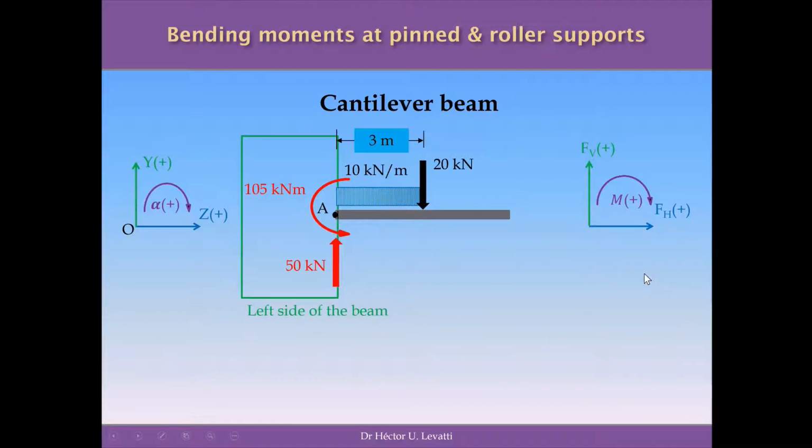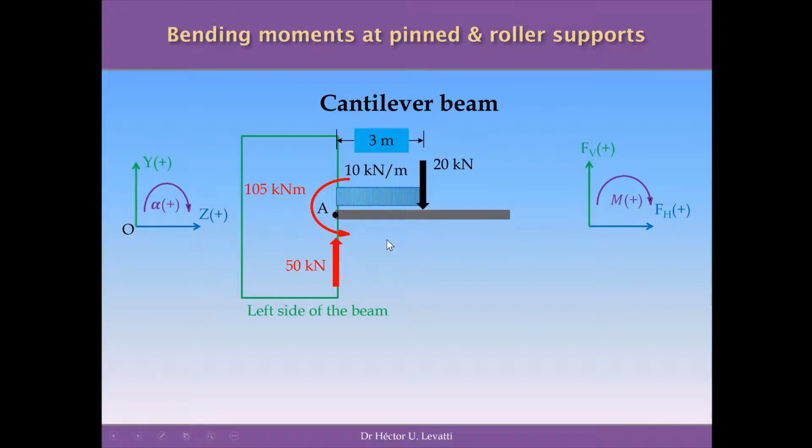In the first place, we are going to analyze the first section, which is a cross section immediately after point A, where we have applied the reaction of 105 kilonewton per meter. The left side of the structure in this case is the part inside this green rectangle.